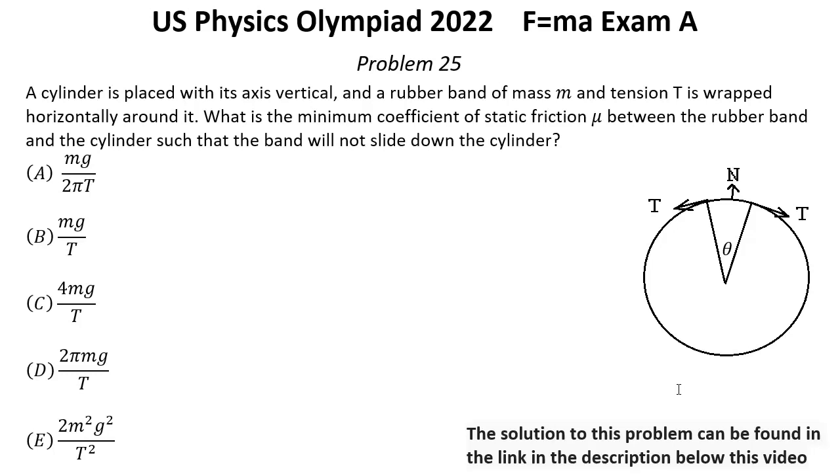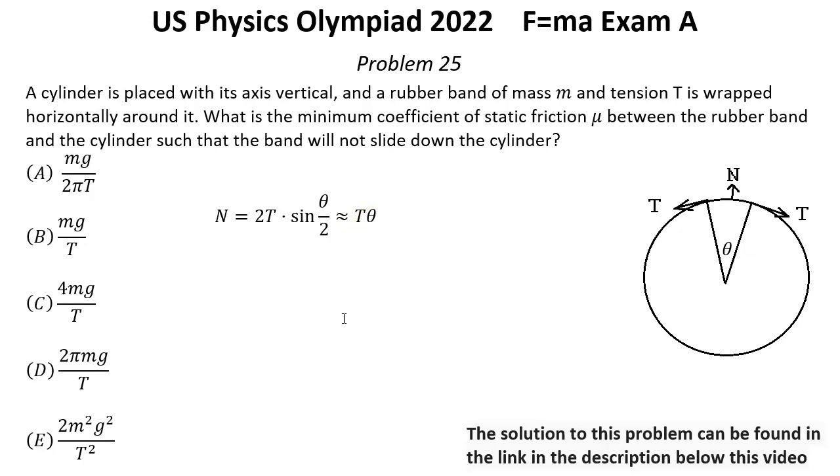The projection of the two tensions T must be equal to the normal force, so the normal force equals 2T multiplied by sine of theta over 2, which for small angles is approximately T multiplied by theta.